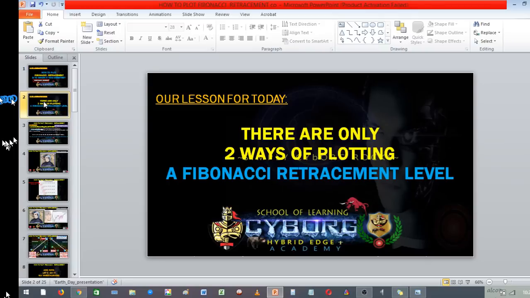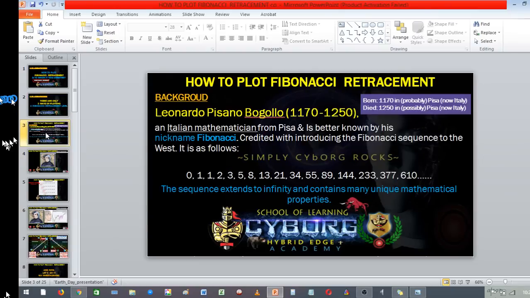But before that, I'm going to introduce to you to whom the Fibonacci retracement was credited. So let's have a short background of the Fibonacci.